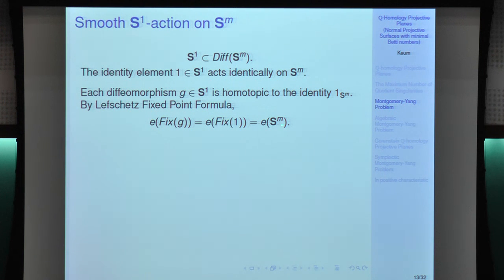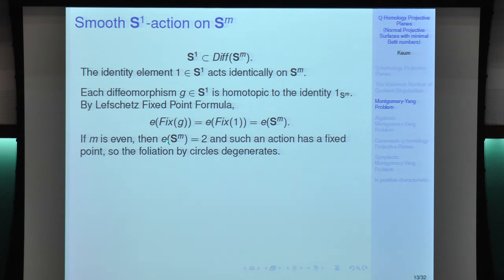And this is equal to 2 if m is even, and equal to 0 if m is odd. So if m is even, then this is 2, meaning that the fixed locus is non-empty. So we are not quite interested in this case.